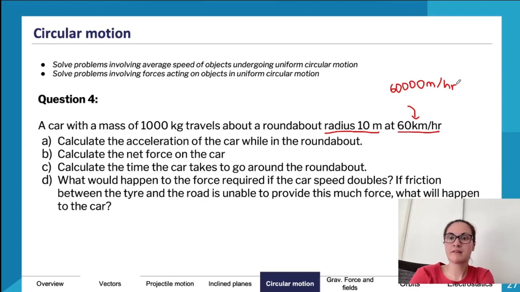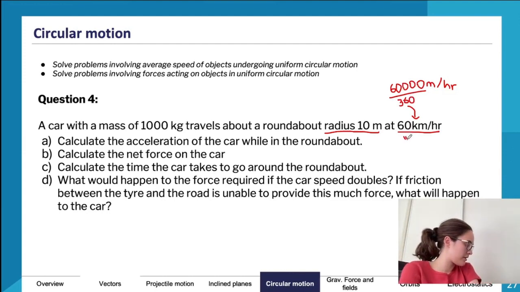So it's going to be divided by 60 times 60, so divide by 3,600. So now we're going to end up with this on the calculator: 16.67, I'm going to say.